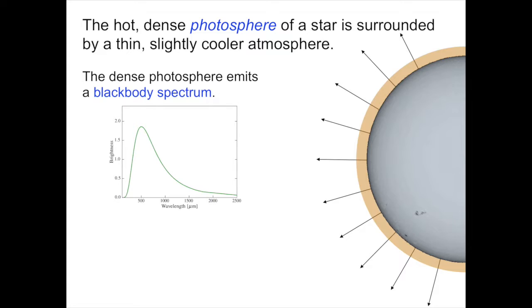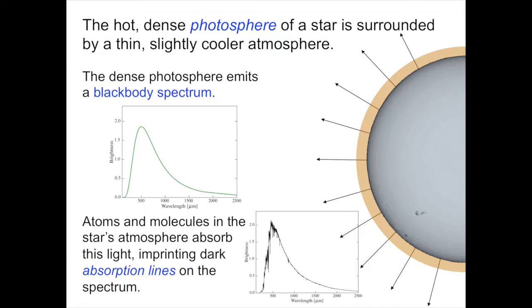However, this blackbody spectrum does not come to us directly, but has to pass through the cooler outer atmosphere of the star. As a consequence, atoms and molecules in the star's atmosphere absorb some of this light coming off the photosphere, imprinting dark absorption lines on the spectrum.